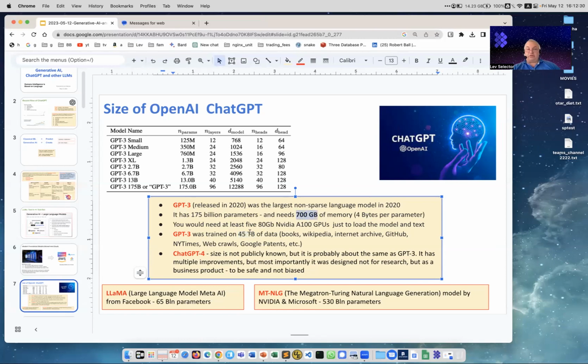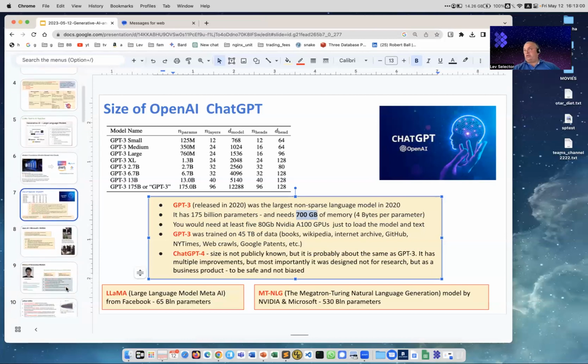But think about it. You had 45 terabytes of data on which it was trained, and this data was basically condensed into 700 gigabytes, which is approximately what? 1/50th? No, it's terabytes. Yeah, so it's about 50 times compression. But it's more than that, because now you don't have just raw data. It understands, and it can summarize it, and it can do so many useful things with it.